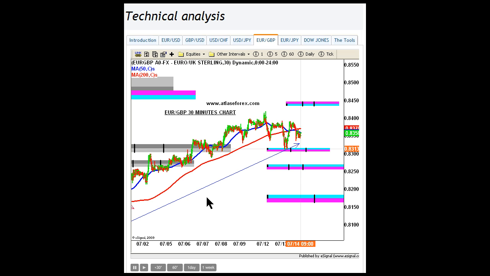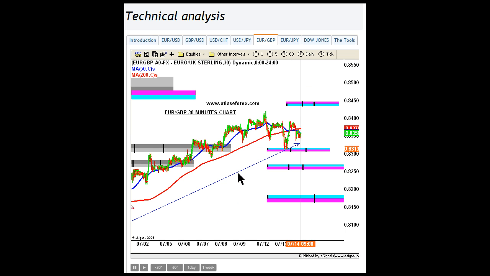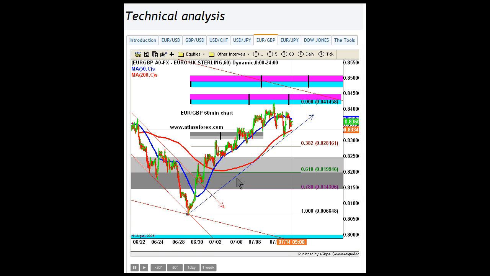Euro sterling. All right, this is a channel, this is a trend line coming from below. This 50 already crossed on 30 minutes. Let's see the 60 minutes. You see, that's the previous line. You remember we had this line here, actually it is the same line. That's how it comes.